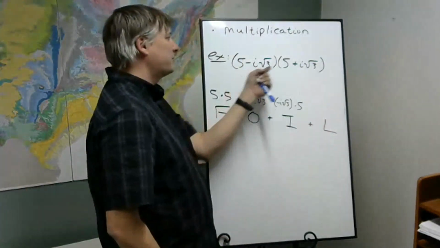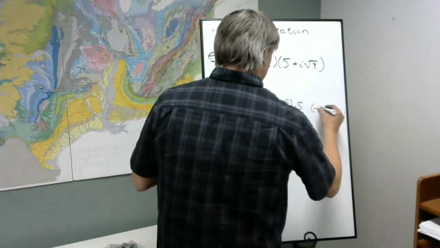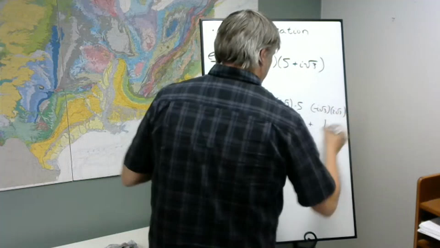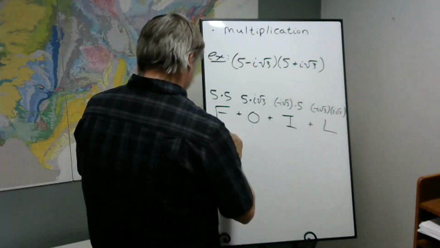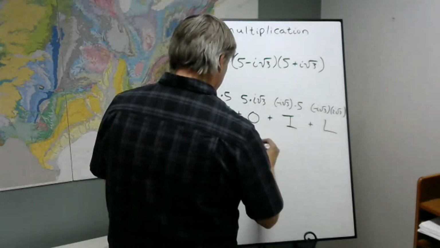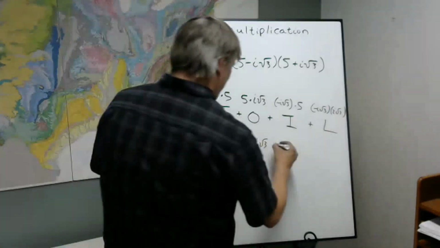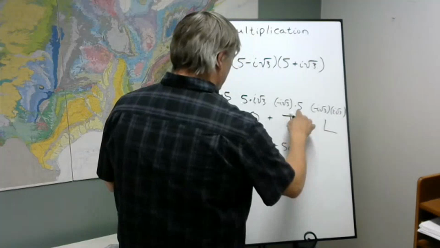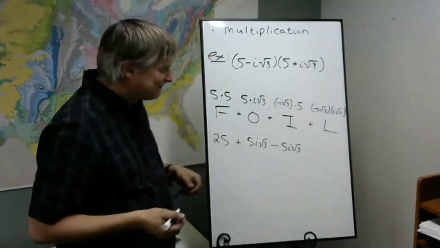And then negative i root 3 times positive i root 3. So what do we have? Well, this is 25. This will be 5i root 3, again, keeping the root at the back, minus 5i root 3. 5 moves up to the front, root goes to the back. i gets sandwiched in between.